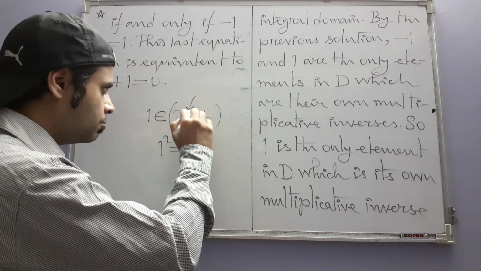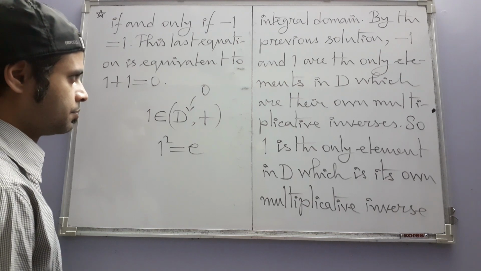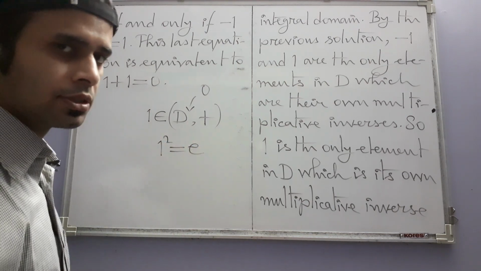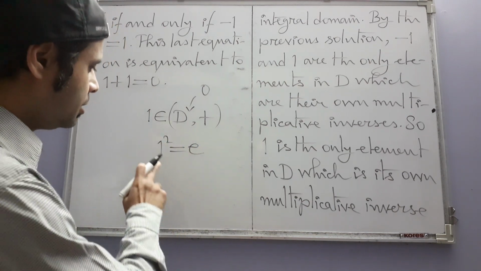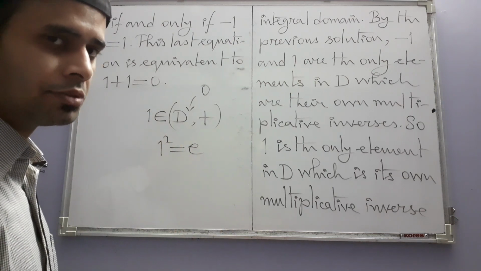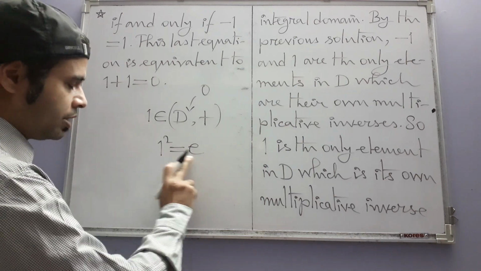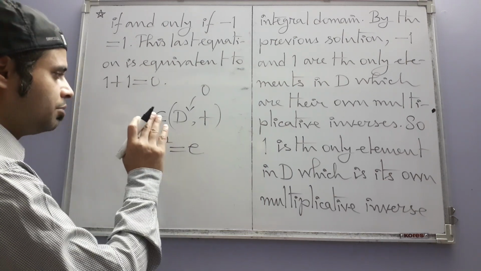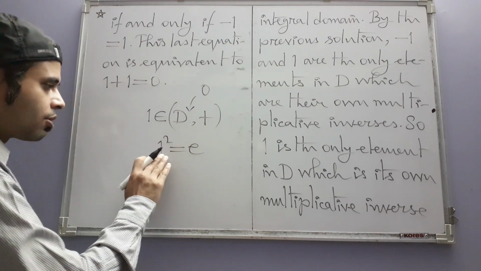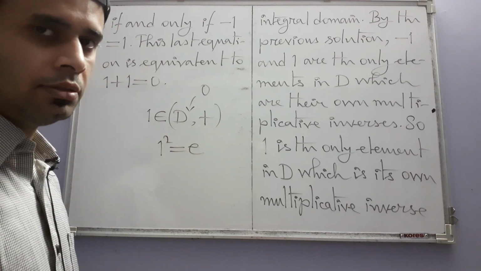And in this group, the identity element is 0, and 1 is not equal to 0. The unity in a ring is never equal to 0 by definition. So the only possibility is that the order should be equal to 2. But this order we know is the characteristic of the integral domain D.